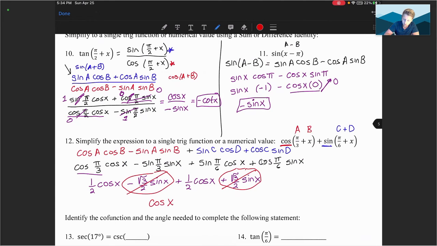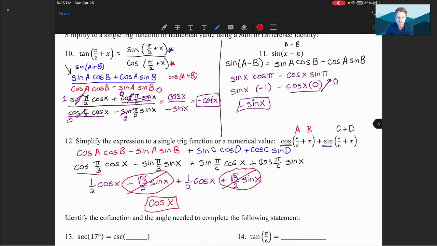So our single result here is going to be cosine x. And we've completed this monster of a problem. So this problem 12 is just done by adding two identities together, the cosine sum and the sine sum. So this would be our result, cosine of x.